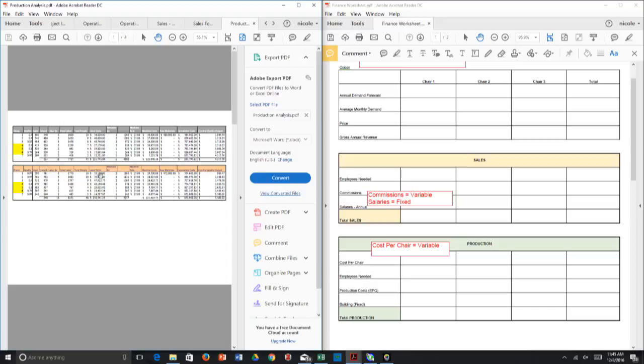It involved labor, our labor costs, which again are variable depending on how many chairs we make. Our machine costs, again, our total machine costs go up depending on how many chairs we make. Raw materials, the total raw material cost will go up depending on how many chairs we make. So this cost per chair becomes the multiplier for our variable cost of production. The only fixed cost we really have is our building.